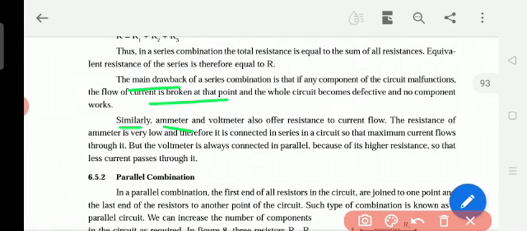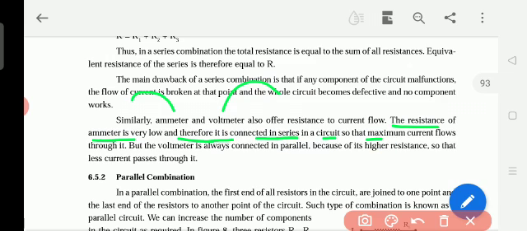Similarly, the ammeter and voltmeter also offer resistance to current flow. The resistance of an ammeter is very low and therefore it is connected in series in a circuit.